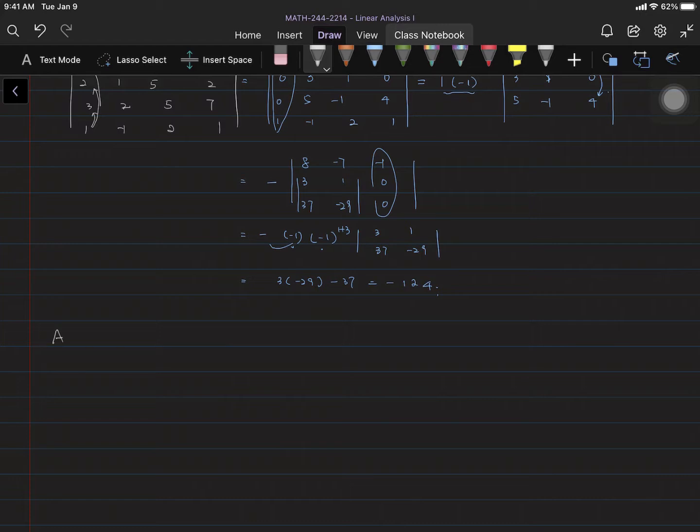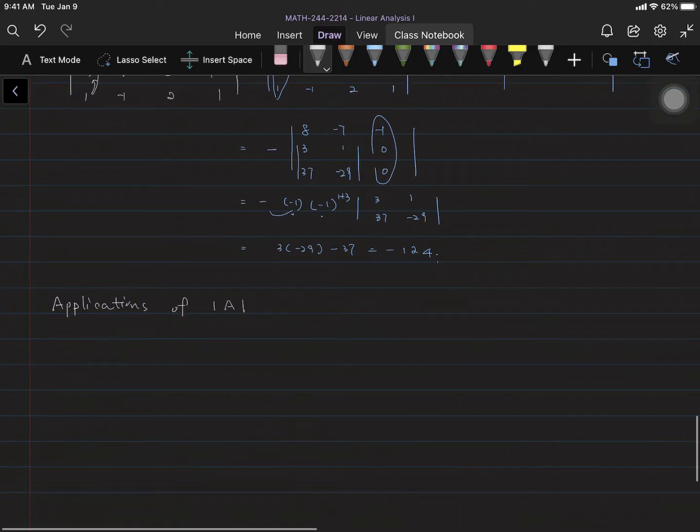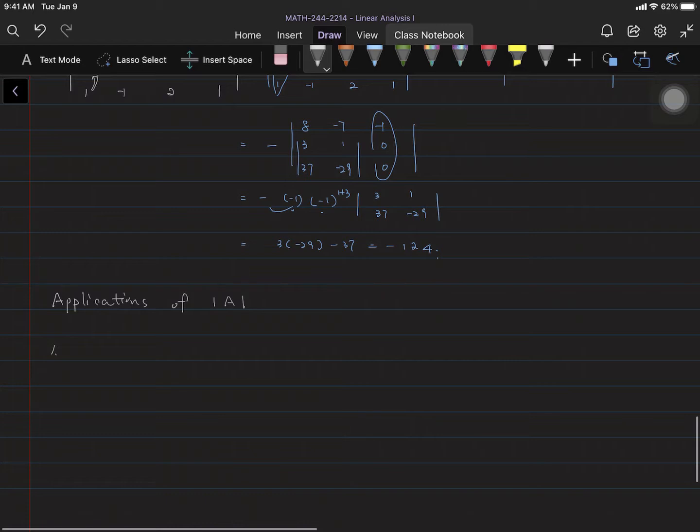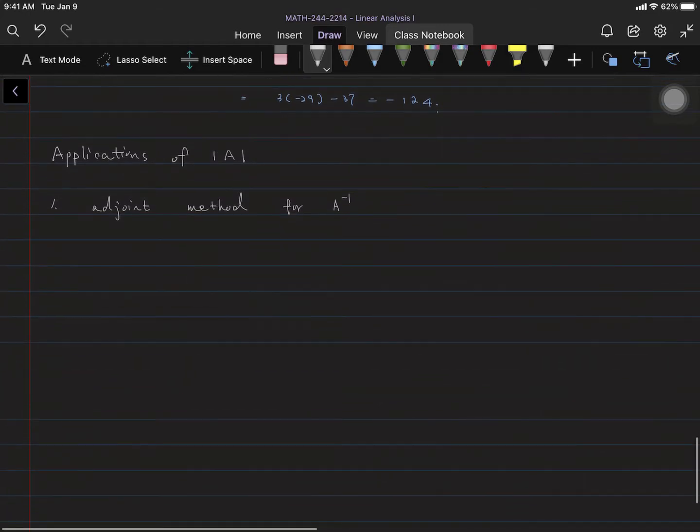So let's see. Application of the determinant. Okay, so the first one is called the adjoint method for the inverse matrix. So we are going to use determinant to find the inverse matrix.